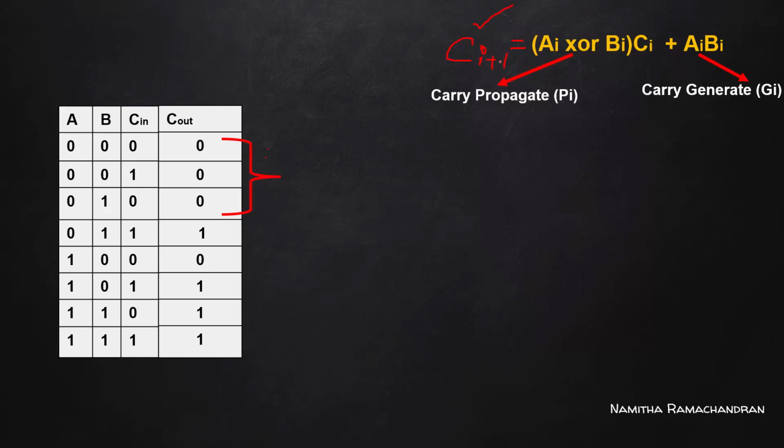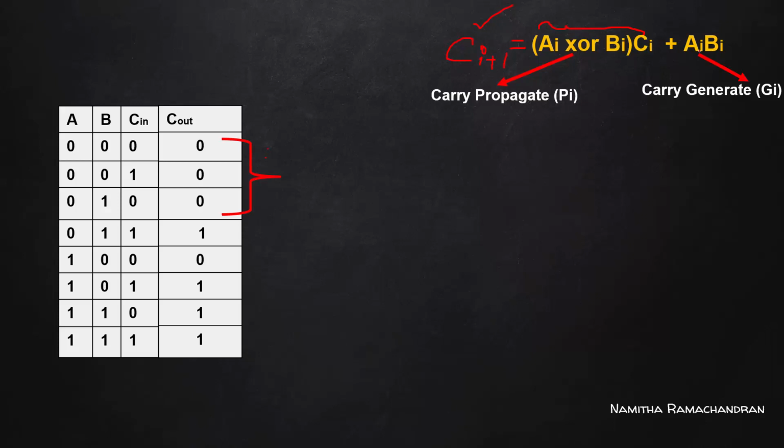When does Ci plus 1 become 1? One condition is if this term, Ai XOR Bi and Ci, equals 1, then we don't need to consider the other term. If this term is 1, then we can directly say that Ci plus 1 is 1.